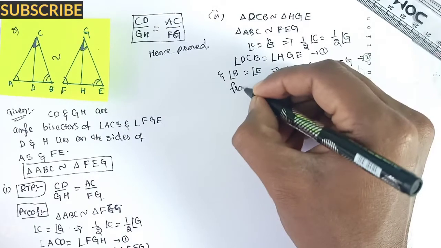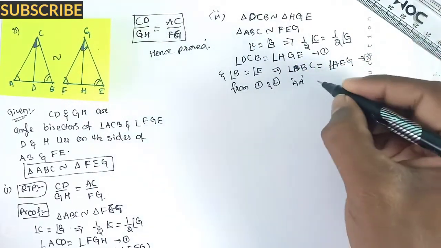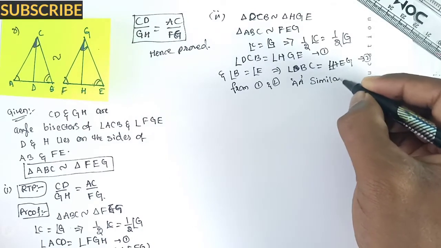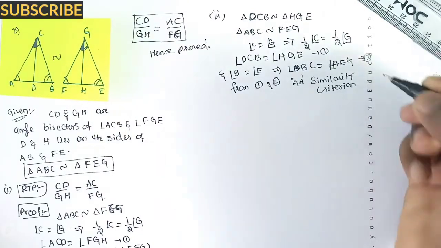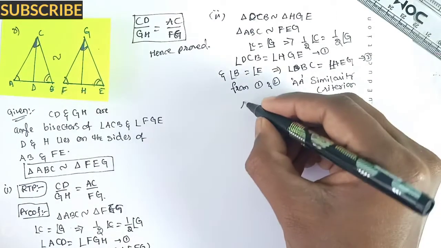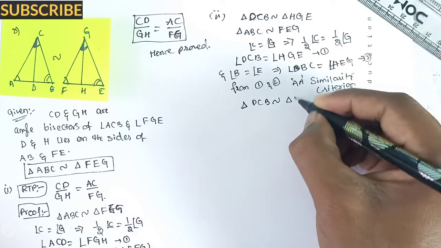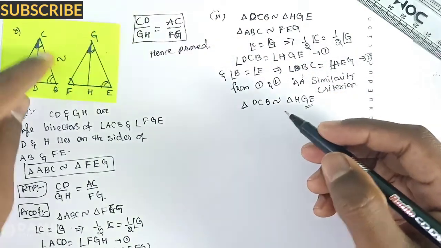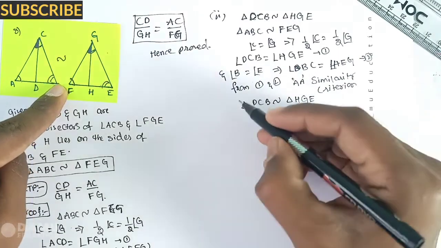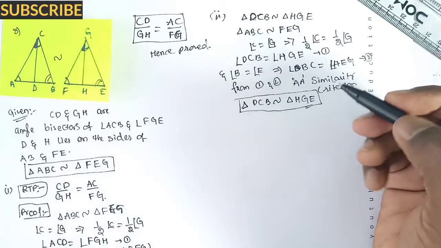From 1 and 2, by the AA similarity criterion, triangle DCB is similar to triangle HGE. Hence the second one is proved.